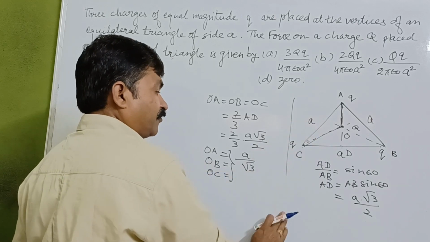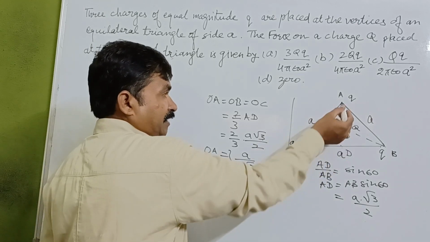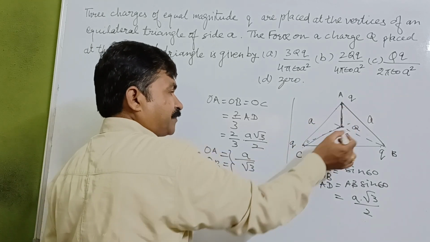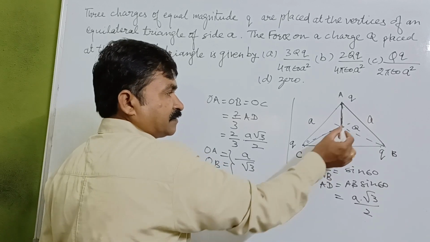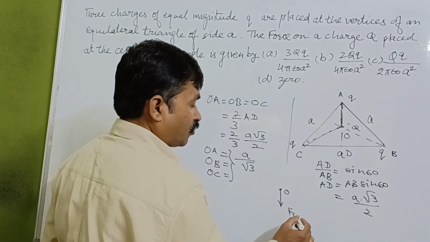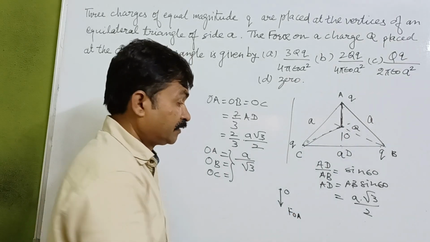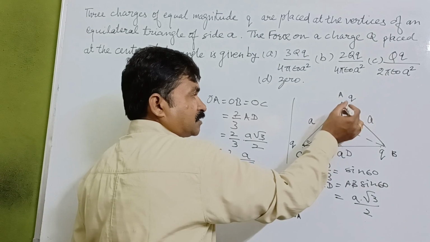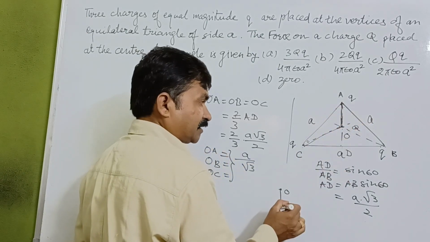Now see how the force is acting. The force because of A acting at the center O, we can call force on O because of A, F_OA. This force is repulsive, so it is acting in this direction.